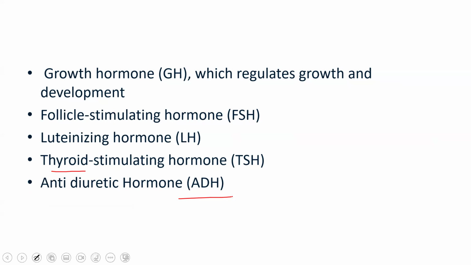ADH controls the amount of urine that you produce, and it's called anti-diuretic. A diuretic is something that causes you to wee. For example, if you have a big cup of coffee, that cup of coffee is a diuretic, and it makes you wee.